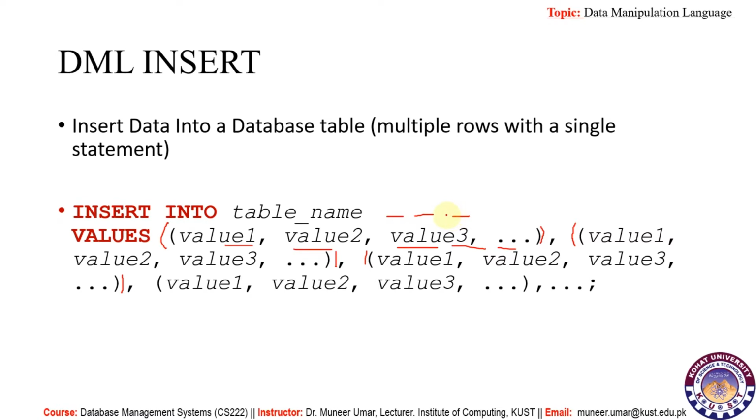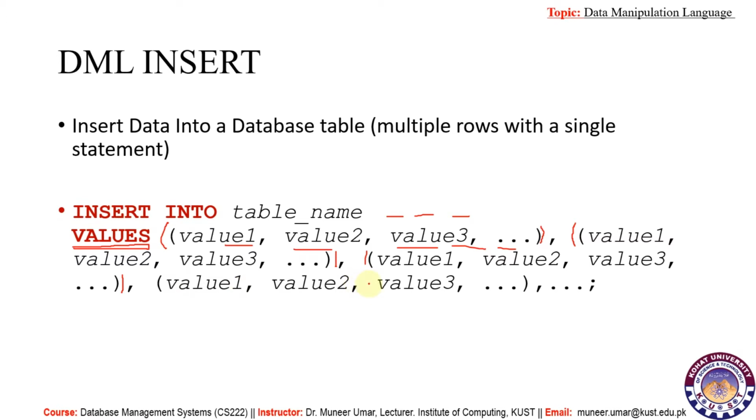And after that, we definitely use the values keyword, and after values we must type the sets of all possible rows for these 3 attributes in this table. So here we have value 1, value 2, and value 3 for the 3 attributes. These can be more than 3 attributes, and then again the second row starting from here ending till this one. So in this way we can insert multiple rows with a single statement.